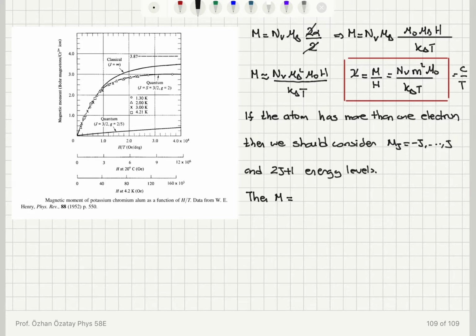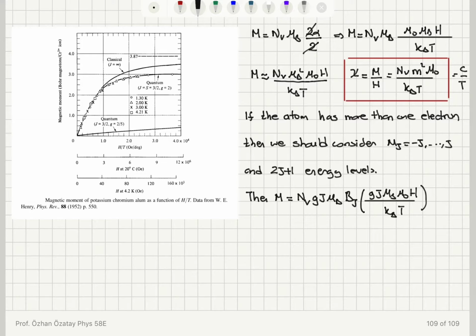per volume, magnetization, will be number density Nb G J Bohr magneton, which is our general quantum mechanical result for magnetic moment per atom, times the Brillouin function, which is as a function of J, multiplied, as a function of the same alpha value, G J Bohr magneton mu 0 h over kBt.